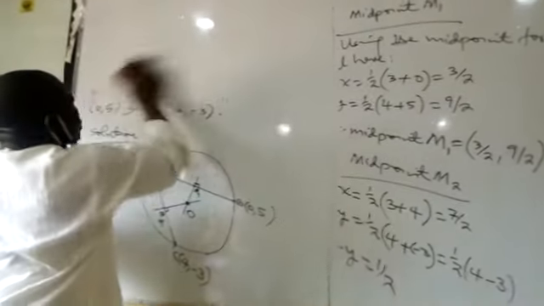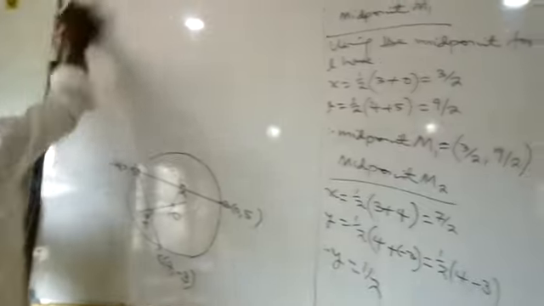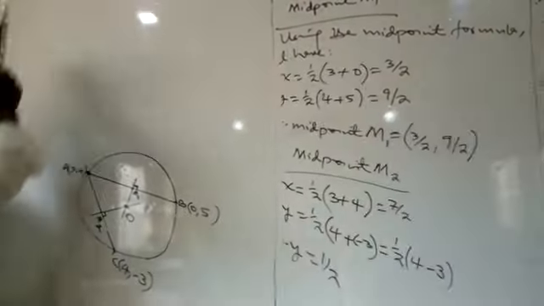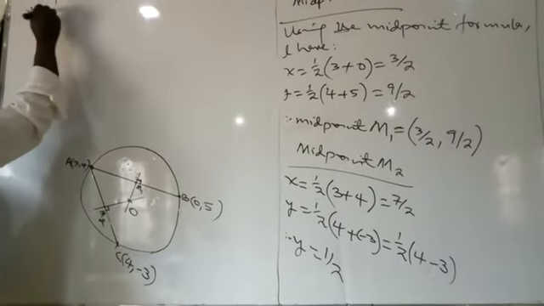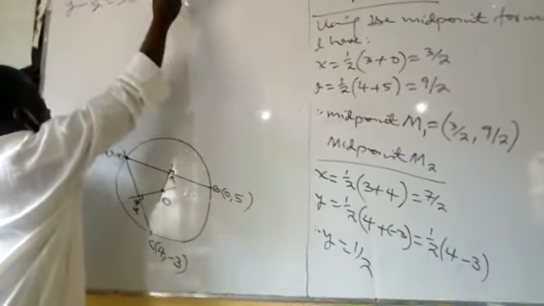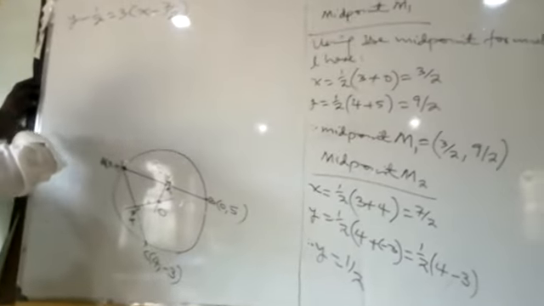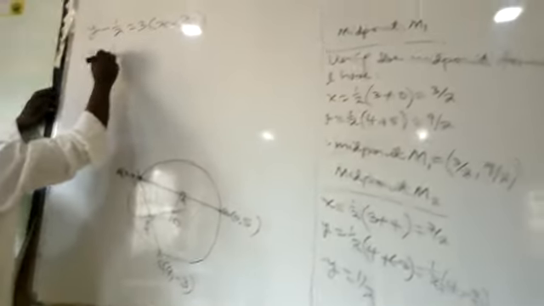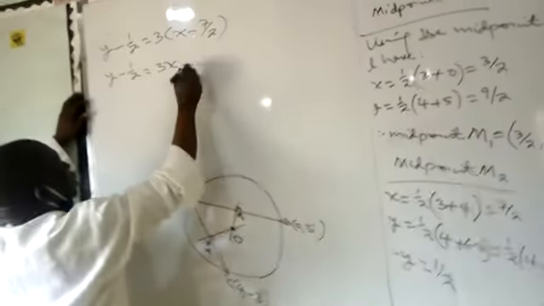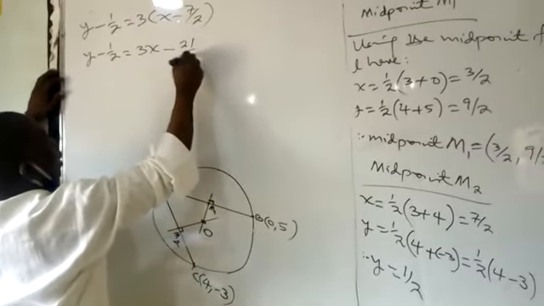So, continuing from there, y minus half is equals to 3 into x minus 7 over 2. So y minus half is equals to 3x minus 21 over 2.